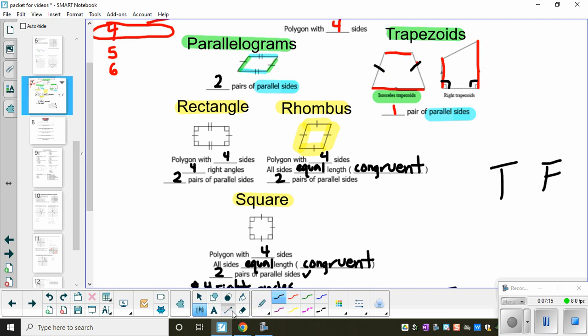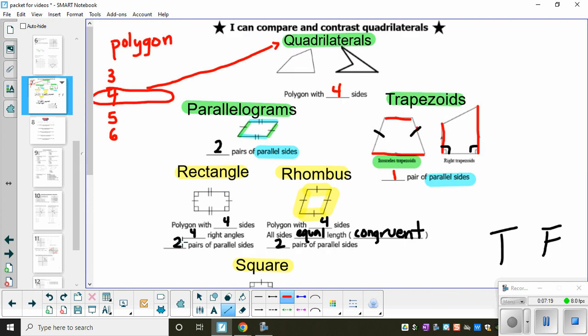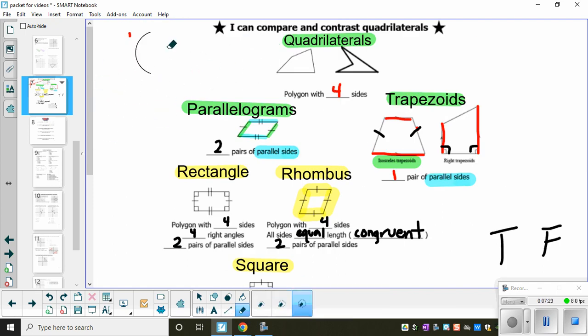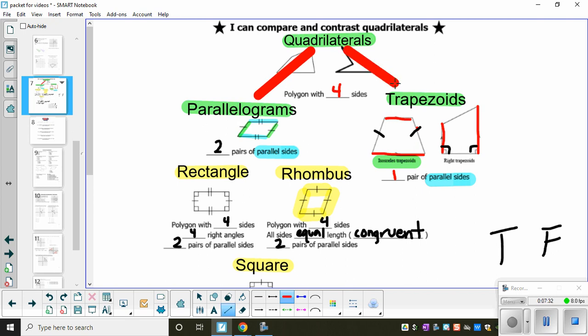So there is kind of a flow chart here that I'm going to bold out with big red lines. And let me just actually erase this off to the side. Here we go. So when we're dealing with quadrilaterals, anything with 4 sides gets broken up into basically one of 2 categories. It just depends on how many sets of parallel lines you have.